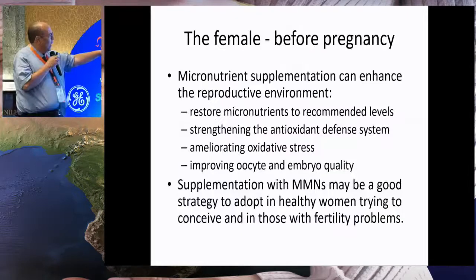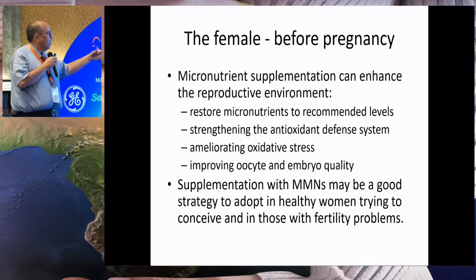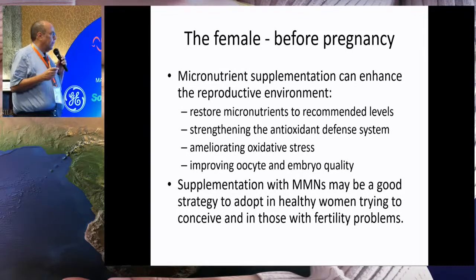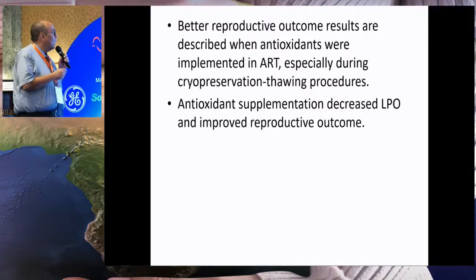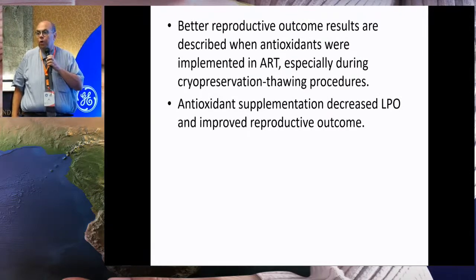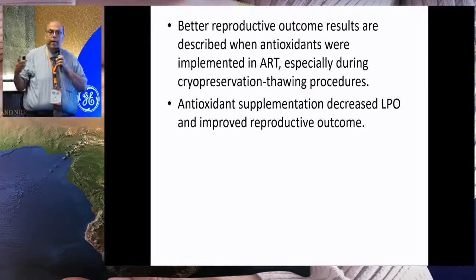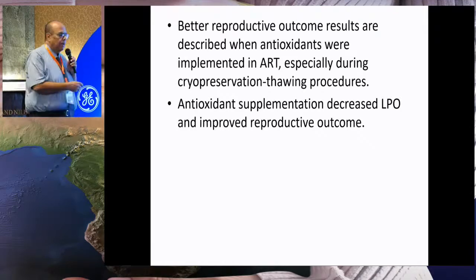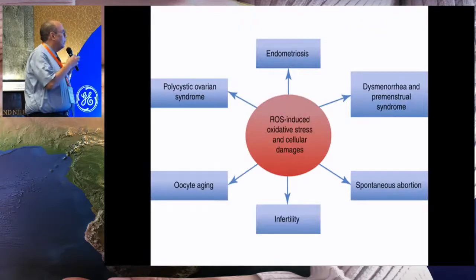And they improve the antioxidant defense, improve oxidative stress, and oocytes and embryos can be better. Can even improve ART, and we all know the expense of artificial reproduction. A single cycle in Egypt costs on average 15 to 20,000 pounds. So giving a few antioxidants.